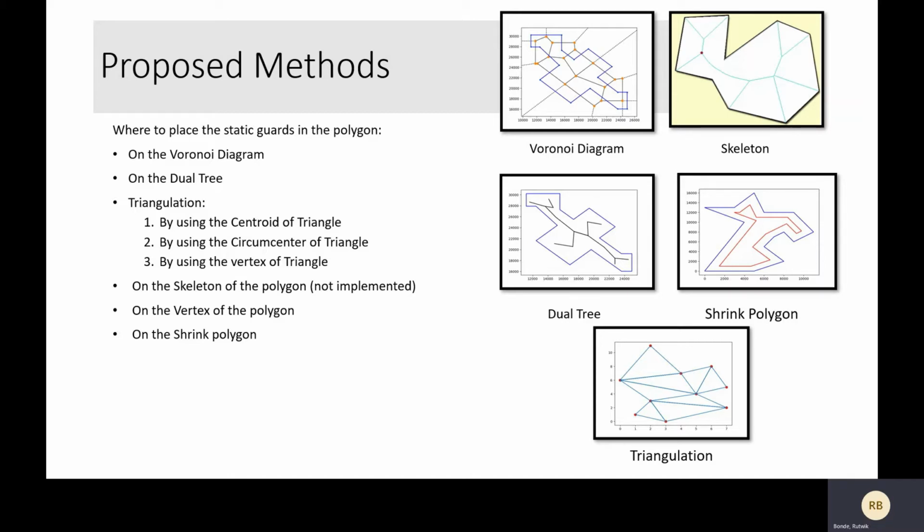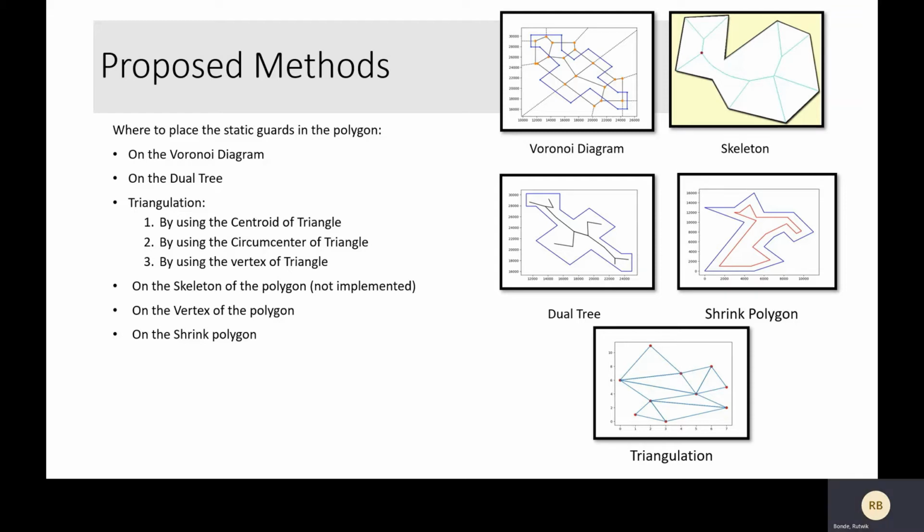The red figure is the shrunken polygon. And then finally we can implement the triangulation method. So basically we can convert the polygon into small triangles, and then we can place the static guards either on the center of the triangle, on the vertex of the triangle, or on the circumcenter of the triangles. So these are various methods where we can place our stationary guards in the polygon.